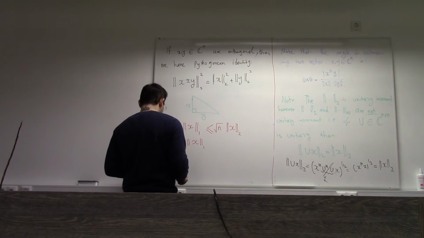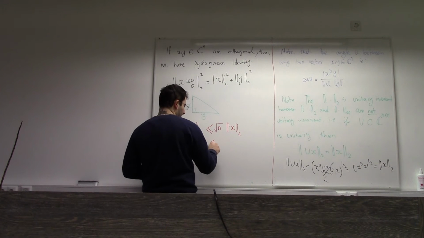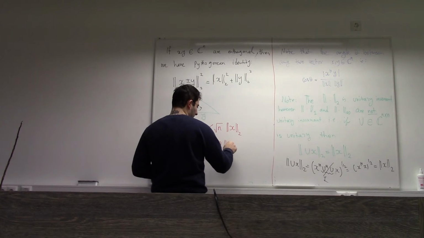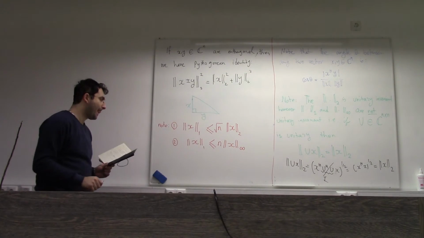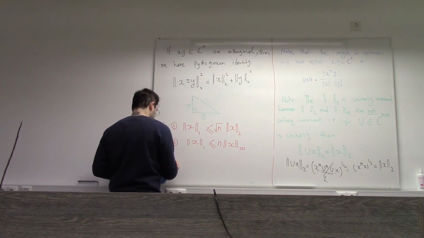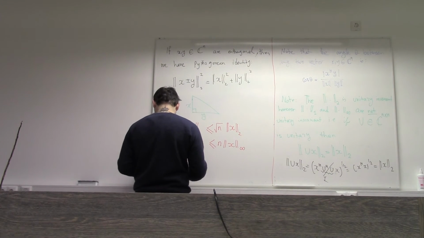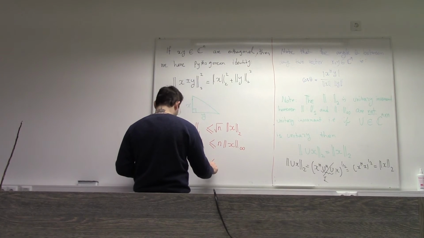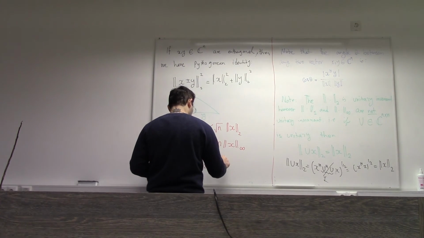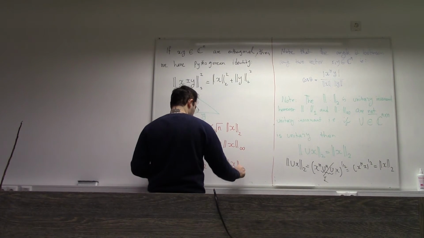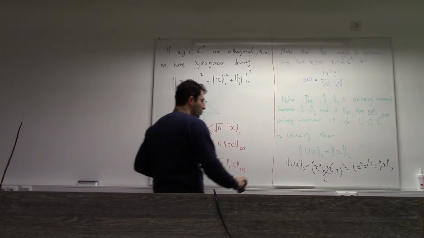Norm 1 of x is less than or equal to n multiplied by norm infinity of x. Norm 2 of x is less than or equal to square root of n times norm infinity.